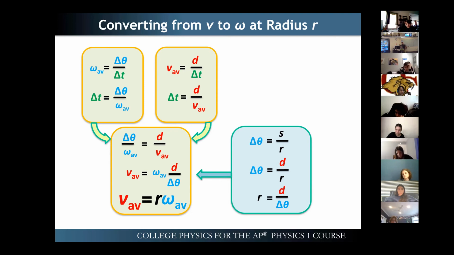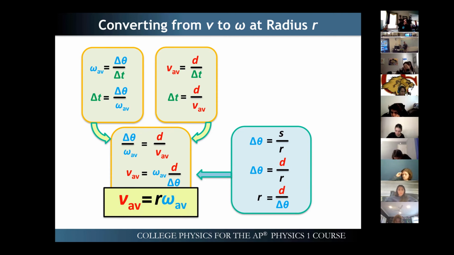And so this relationship is powerful in connecting the linear velocity to the angular velocity. And this is another equation the College Board does not give you, but it frequently helps you solve problems.